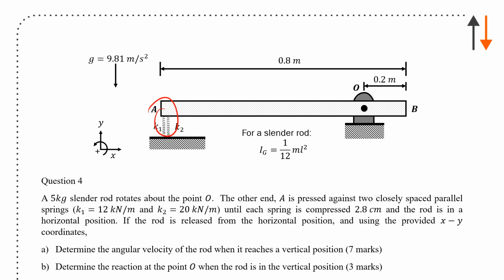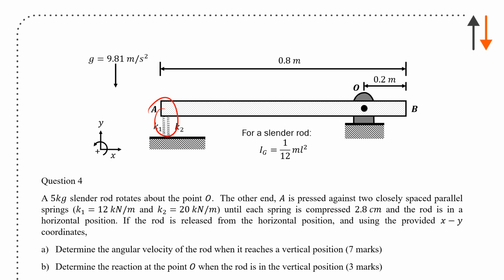So the springs are attached, two closely spaced parallel springs. K1 is 12 kilonewtons per meter, K2 equals 20 kilonewtons per meter, and they're compressed by 2.8 centimeters. The rod is in a horizontal position. Determine the angular velocity of the rod when it reaches its vertical position.